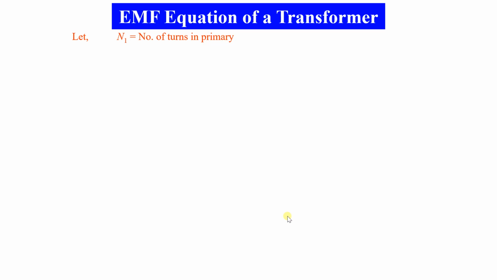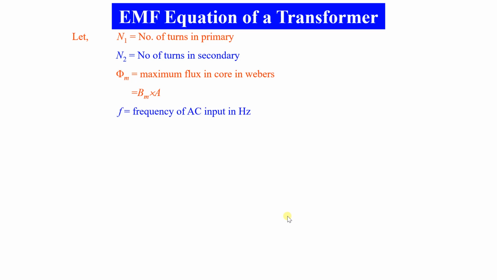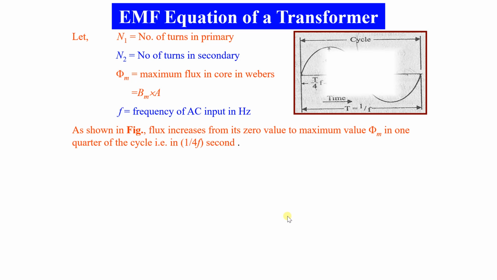Now we are talking about the next topic, the EMF equation of a transformer. N1 is the number of turns in the primary, N2 is the number of turns in the secondary, phi m is the maximum flux in the core in Webers, and it is also given by Bm into A, where Bm is the flux density and A is the area, and f is the frequency of the AC input in Hertz.